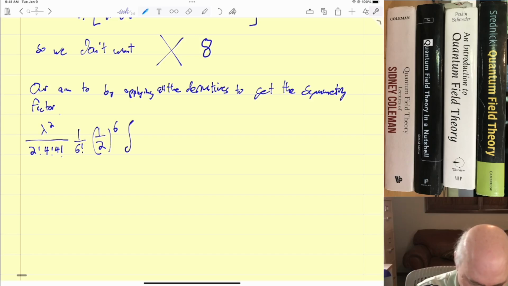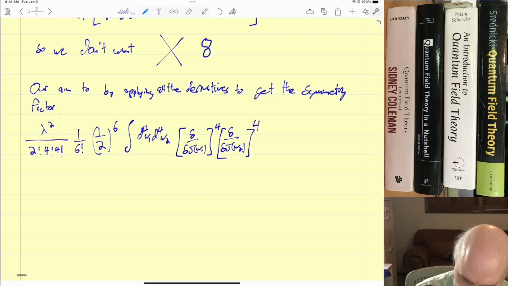Then we have these integrals of d4w1, d4w2, del j w1 to the 4th power, del j w2 to the 4th power, times the integral dx dy, j x dx minus y j y, to the 6th power.